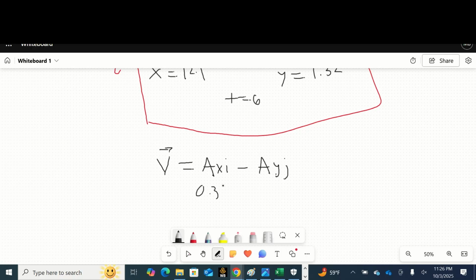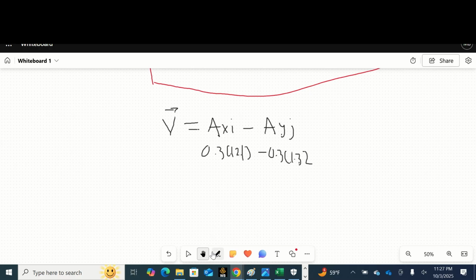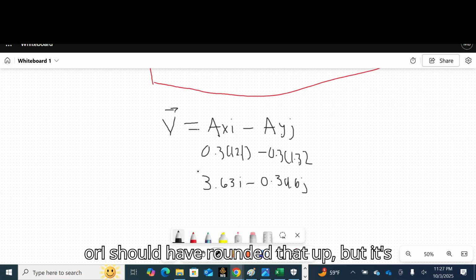So 0.3 times 12.1 minus 0.3 times 1.32. I'm going to get 3.63i minus 0.396j, or I should have rounded that up, but it's okay.